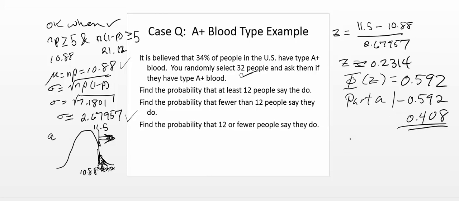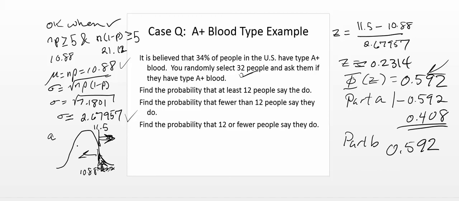Now in part B, it asks, what is the probability that fewer than 12? So I don't want the portion from 11.5 and above. I now want the portion from 11.5 and below, and that's just this part. So for part B, I just want 0.592.